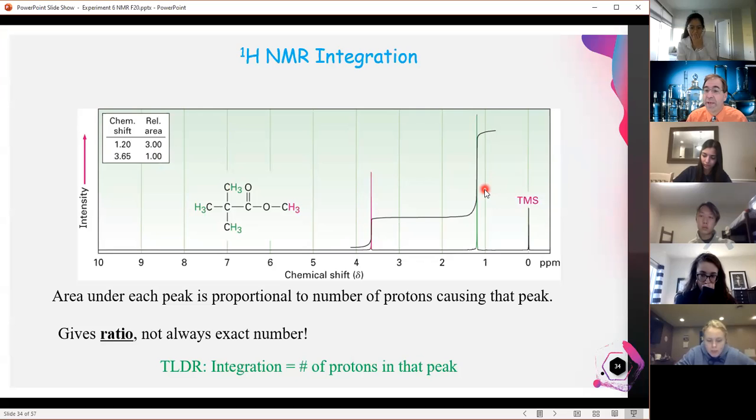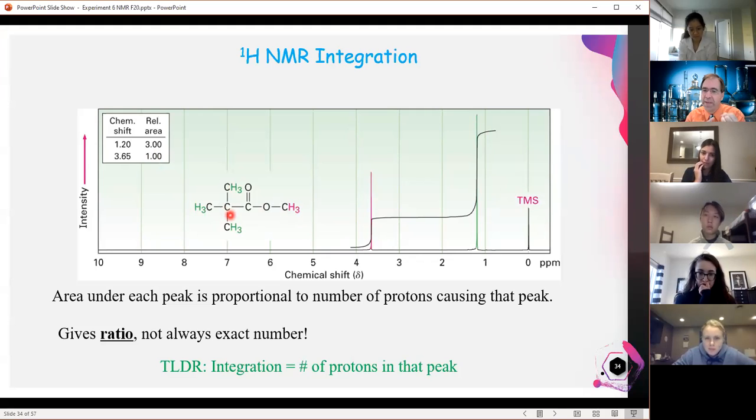So it will always be a ratio. In this particular molecule, it's actually 3 to 9, but that's the same ratio. So 1 to 3 means it's 1 proton to 3 protons, or 2 to 6, or 3 to 9. So you just know the ratio. Integration only ever gives you a ratio. It might match, it might not, but it's always going to be a multiple of that.